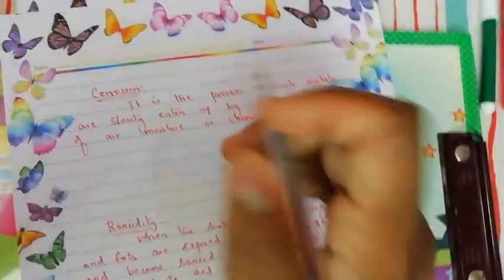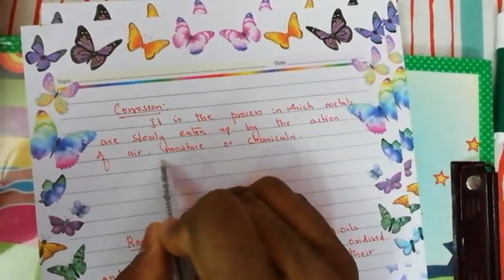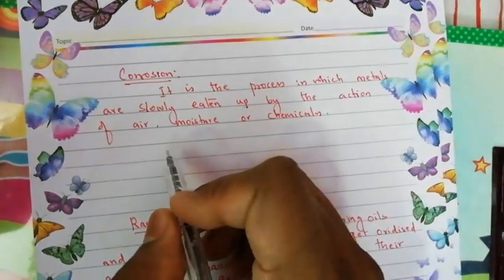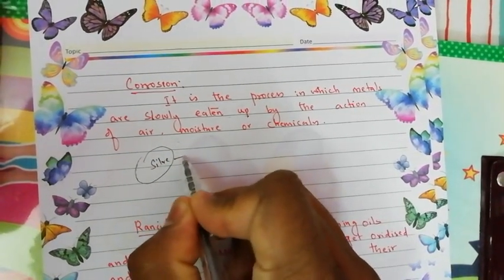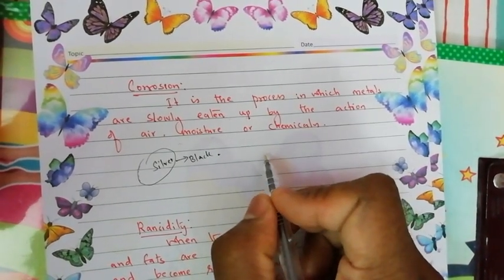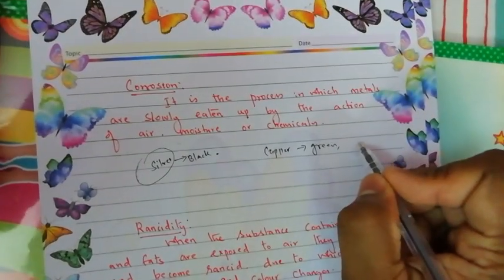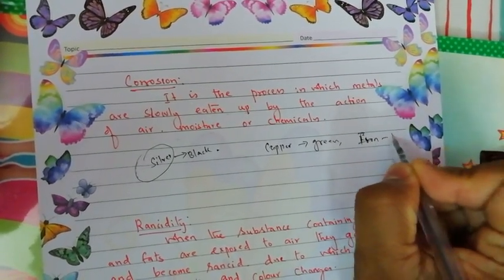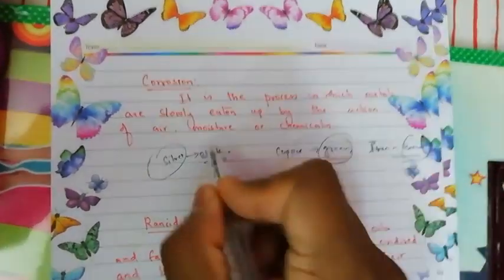You know that corrosion is a process in which metals are slowly eaten up by the action of air, moisture or chemicals. For example, sometimes you see a black coating which comes on silver, and on copper you see a green coating, and normally a brown coating comes on iron. All these coatings are actually rust.